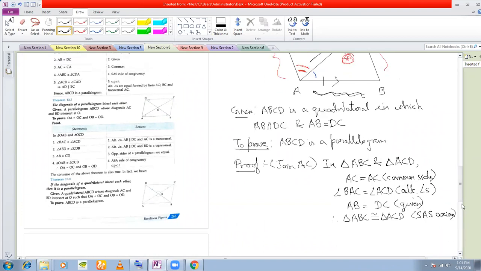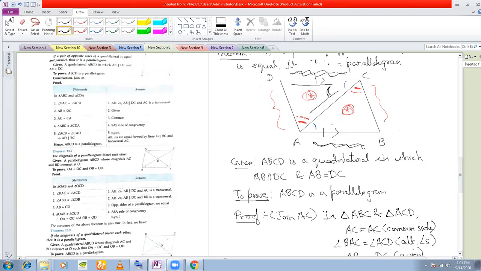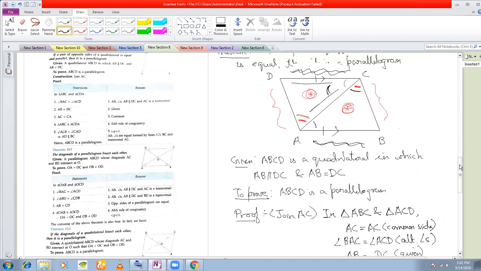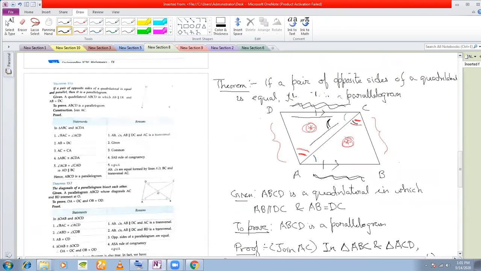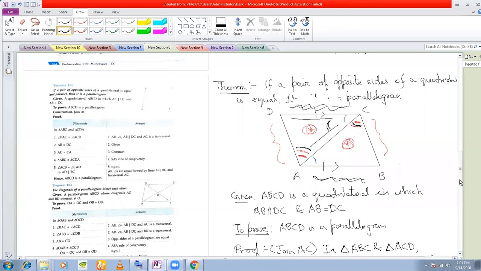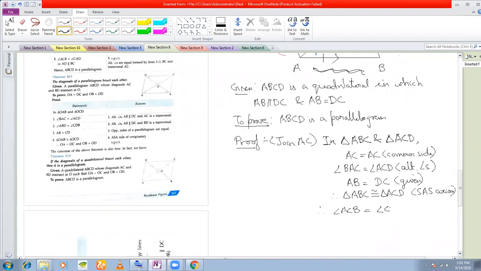To prove the congruency. So therefore, what can you say now? You can say that these two angles are equal. Therefore, angle ACB is equal to angle CAD. This is by CPCT.